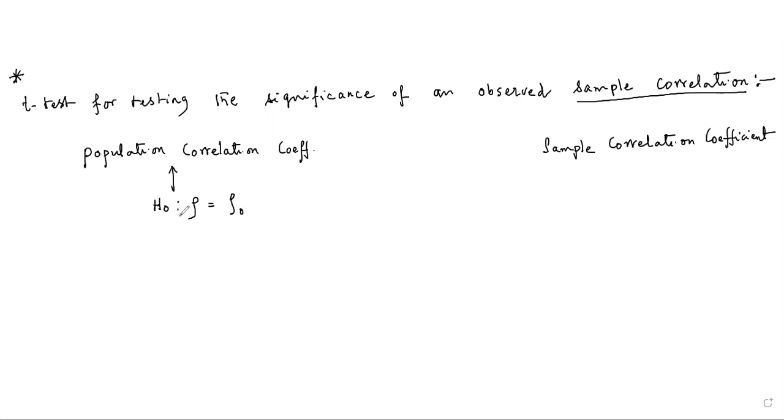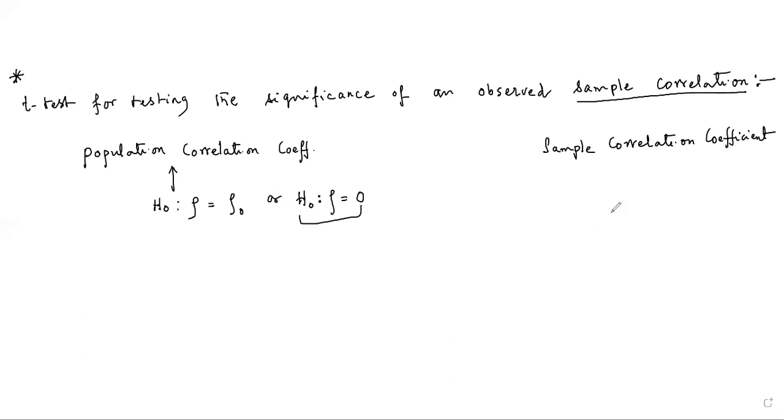This population correlation coefficient will have some value rho naught. Or it is better to consider the population correlation coefficient to have zero value. That means we also can assume that the population variables are not at all correlated. So this is my hypothesis.